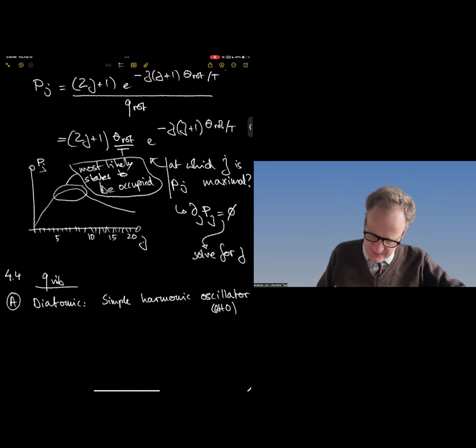The picture is simple. Again, we have a diatomic with two atoms with a certain mass. And between these two atoms is a harmonic spring.